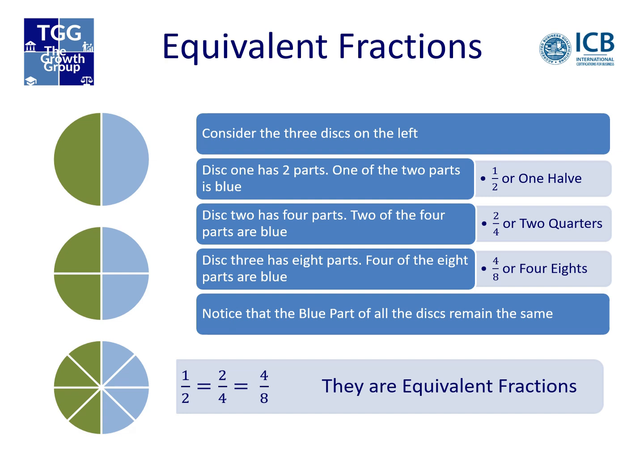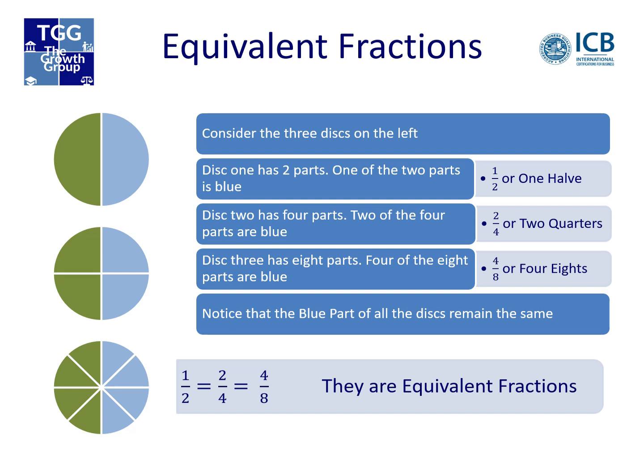The last disc has 8 parts. It's divided into 8 slices, like a pizza. And 4 of the 8 parts are blue. So we can say that 4/8 are blue. So notice though that the blue part of all the discs remains exactly the same. The right side is always blue, and the left side remains green, regardless of how many pieces we divide it into.